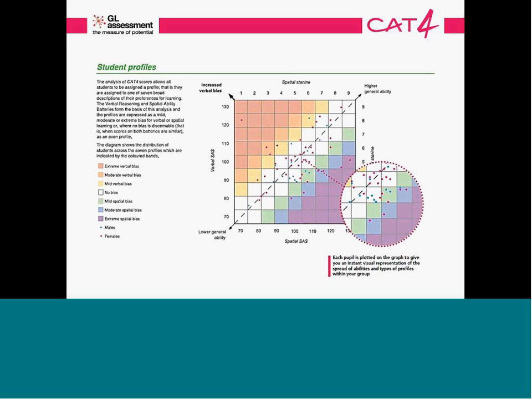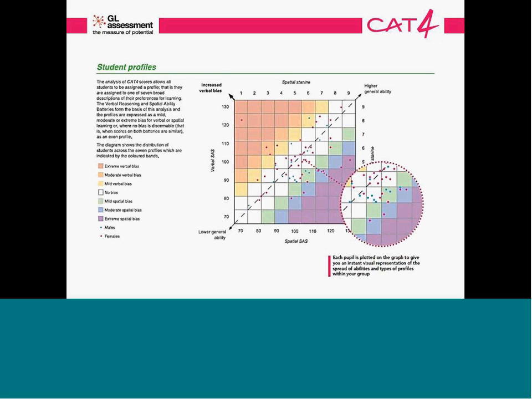So there we can see that dashed black line running from left to right. That's where there would be no difference in the individual's verbal standardized score as opposed to their spatial standardized score. The area that runs parallel to that is where statistically differences are not significant. The further perpendicular to that dashed black line, the more it is what we're calling a bias.